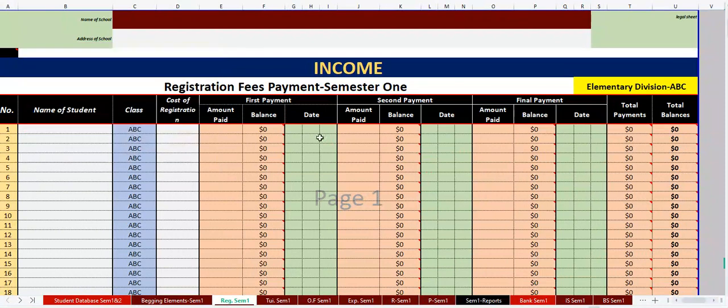If we look at the record here, we started with elementary division ABC. You can determine this based upon the country you live in. You determine how your educational steps are arranged. This is based on Liberia's own educational step up.